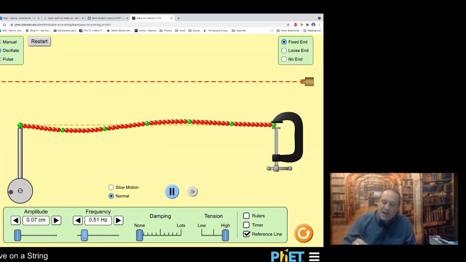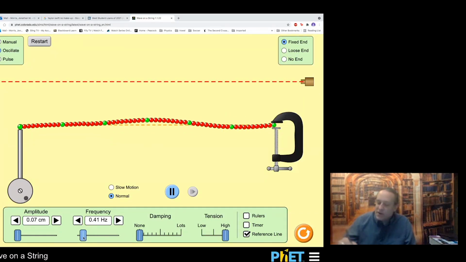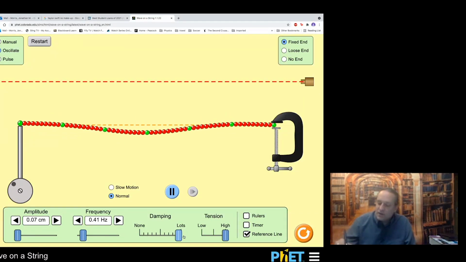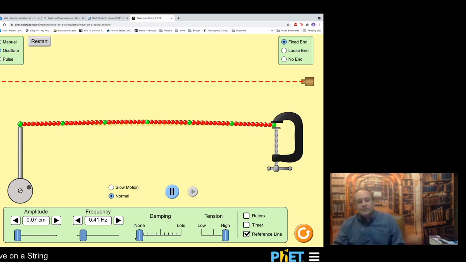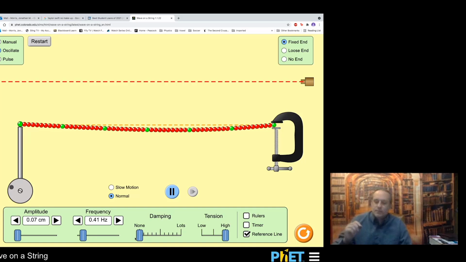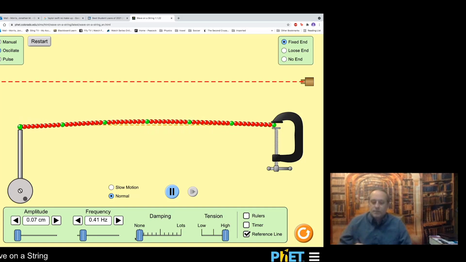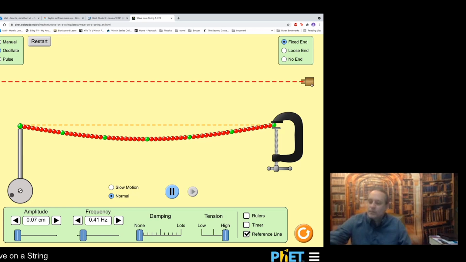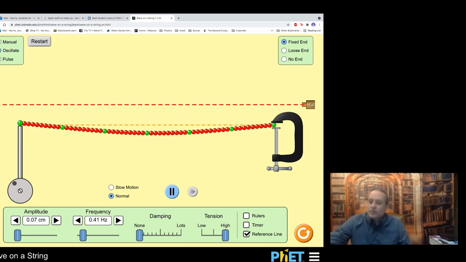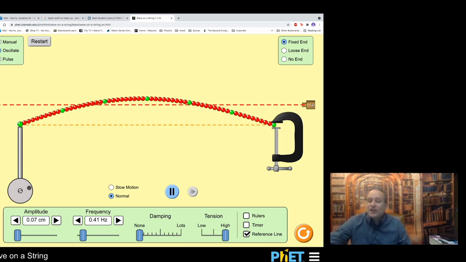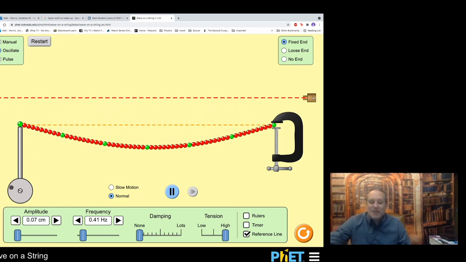Okay, and let's just try this. So this kind of looks like the fundamental frequency. It might not be exactly right.